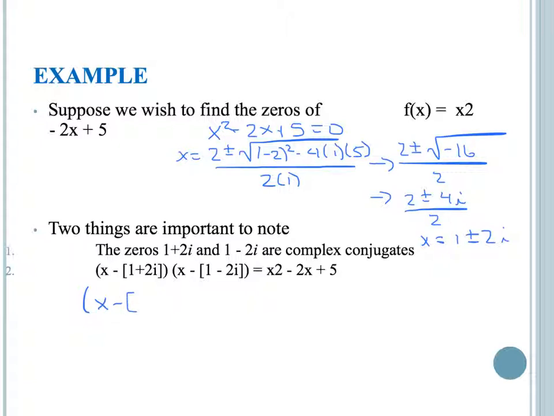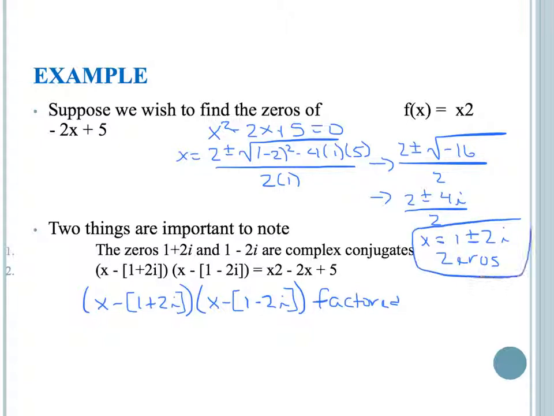And that's where these brackets are coming from. x minus 1 plus 2i, and then I would have x minus 1 minus 2i. So I have completely factored my original quadratic. This is in factored form. These are the zeros. Depending on what the question was asking for, it was actually asking us for the zeros.